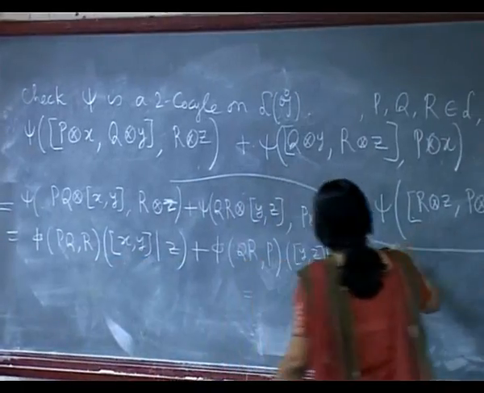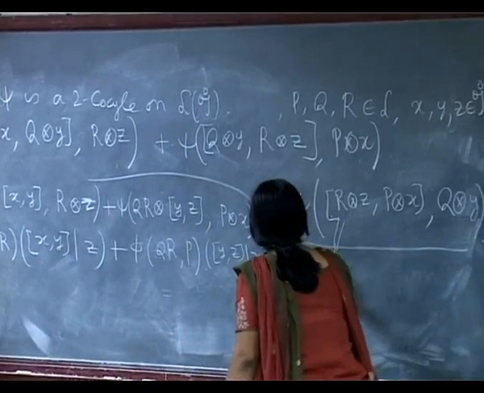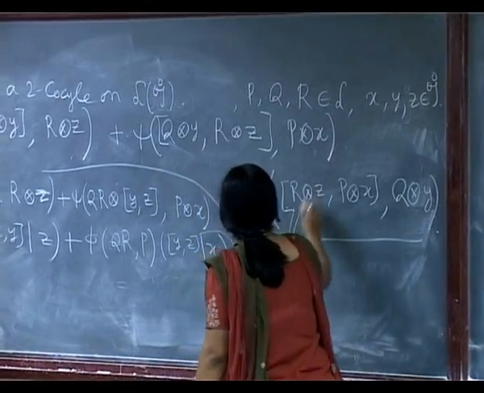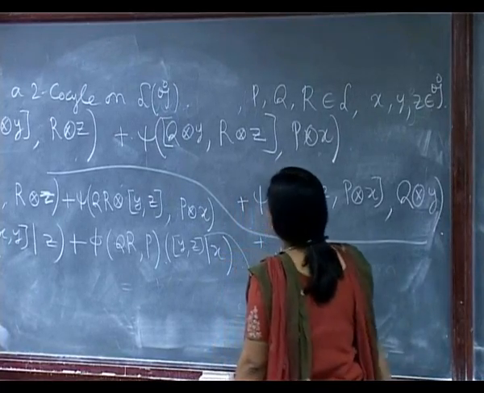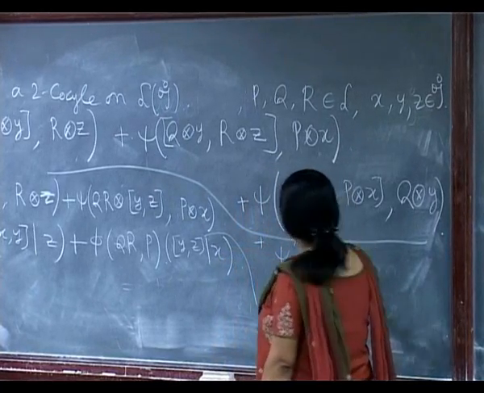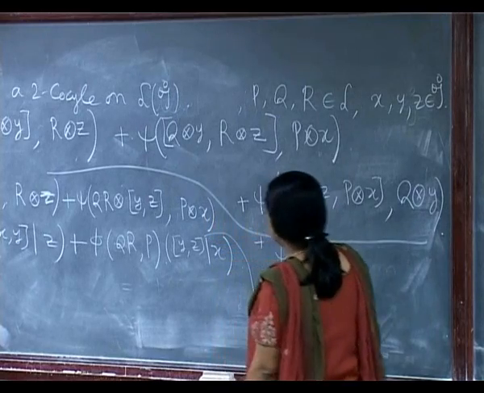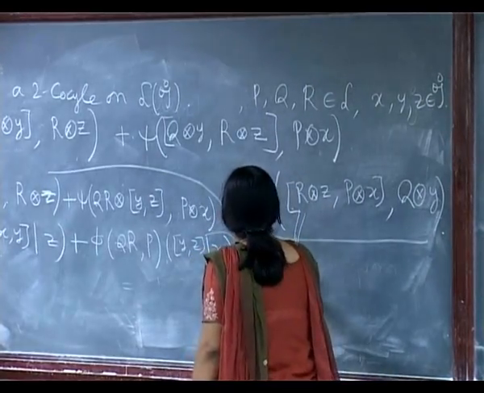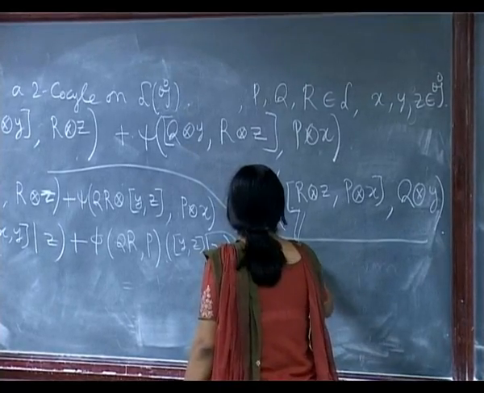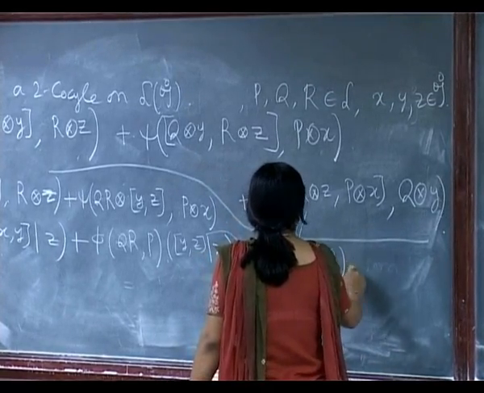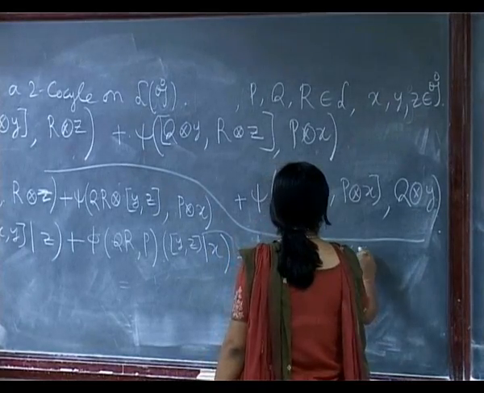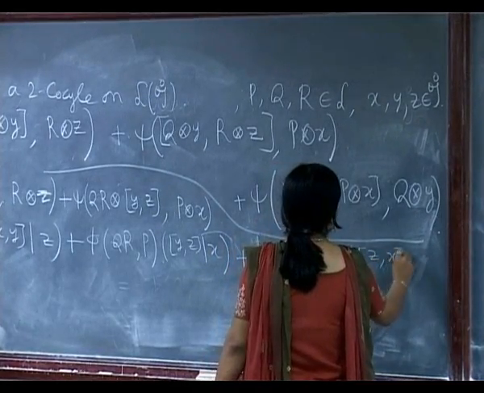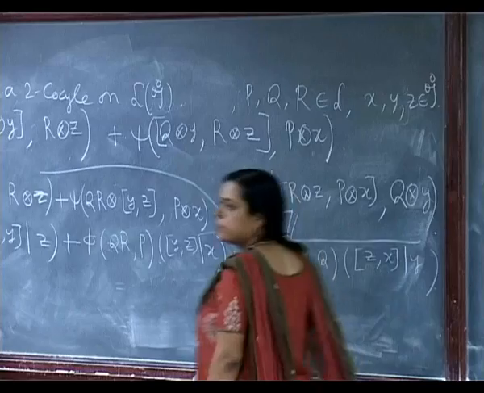And the third, we can write directly: this will be phi of RP Q and the bilinear form z bracket x with y, right.